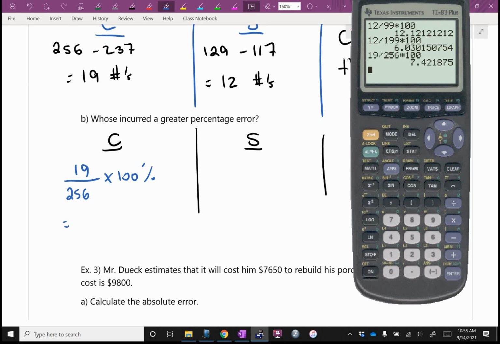Connor's scale was off by 7.4%. Oh, by the way, technically, 19, how many sig figs? 256, how many sig figs? 3. 100% is considered a conversion. We don't count that. Technically, I should go to 2 sig figs. So I'll go 7.4%.